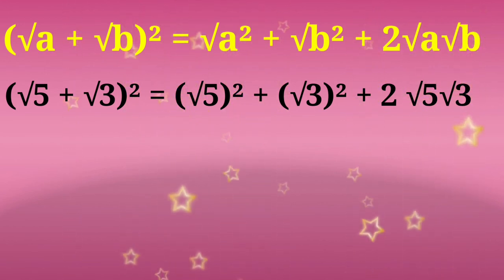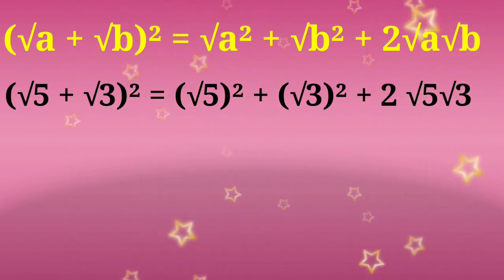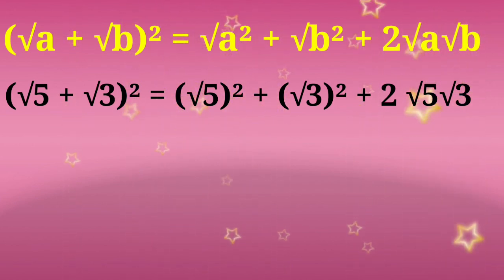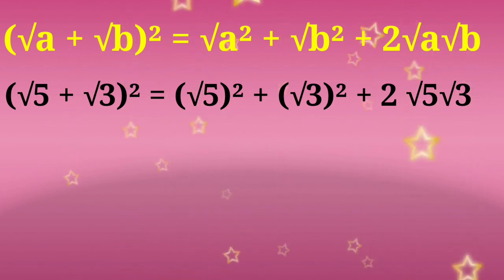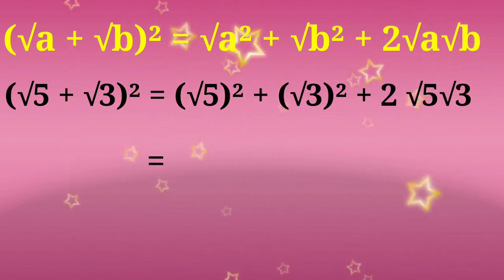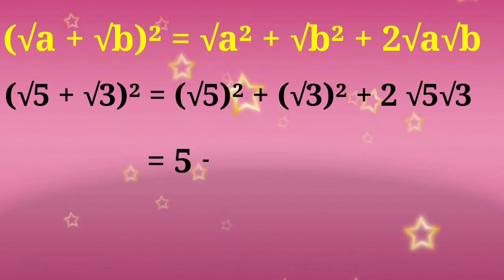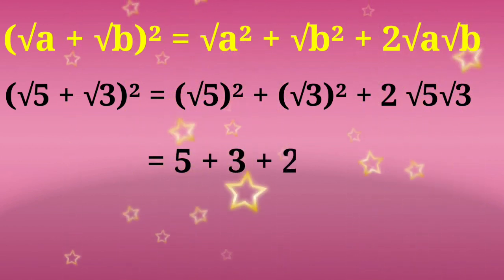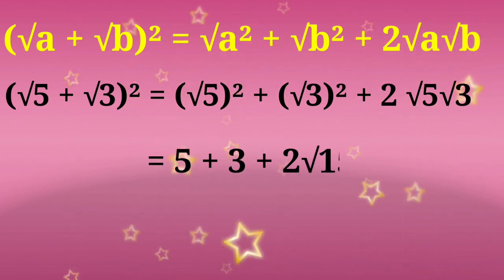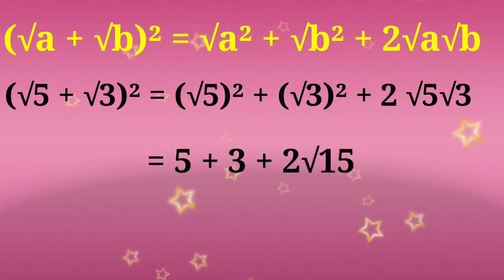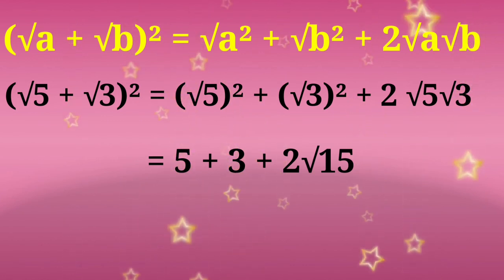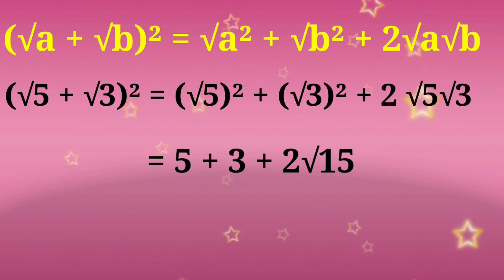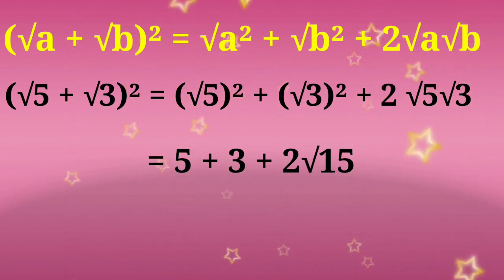(Root 5)² means 5, root 5 into root 5 is equal to 5. Plus (root 3)² means root 3 into root 3, which is equal to 3, plus 2 into root 5 into root 3. What is root 5 into root 3? Root 15. So we get 5 + 3 + 2 root 15.